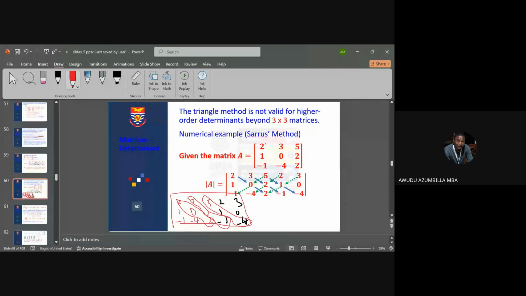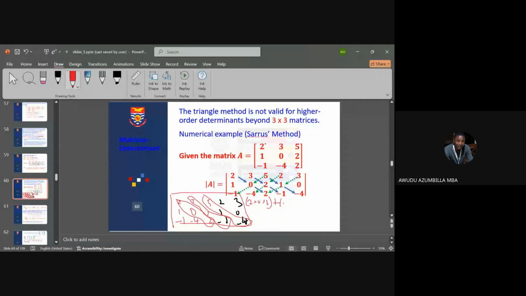Multiply 2 by 0 by 2. So the first one, you are going to have 2 by 0 by 2. Plus, you multiply 3 by 2 by minus 1.